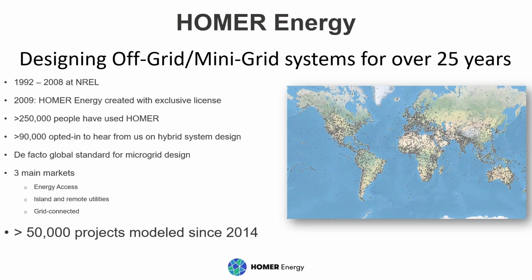So Marilyn gave a background on Homer, and I'm just going to have this one last slide here. I say, we've been doing this for 25 years, starting at NREL. At this point, over 250,000 people have used Homer, so it's become a de facto standard for microgrid design. We put out a newsletter. I guess you all probably get it because that's how you're stuck on this. There's 90,000 people.